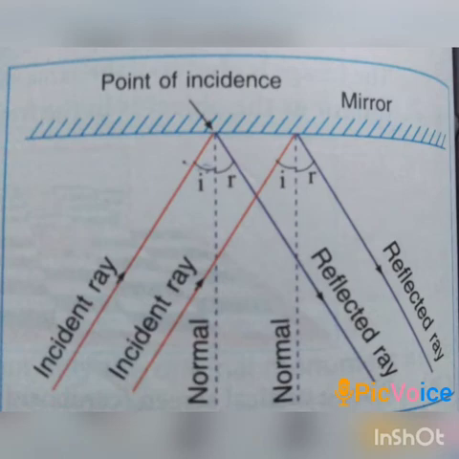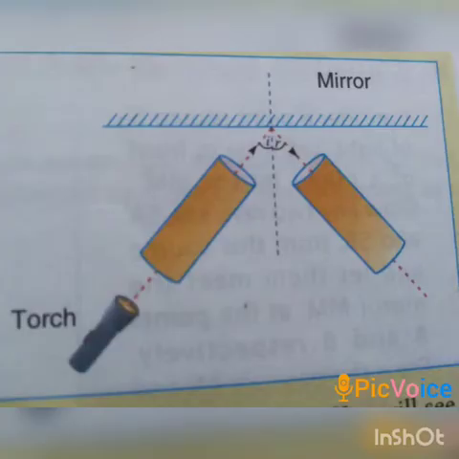Now we will do a small activity to observe these two laws in practice. To study the relationship between the angle of incidence and the angle of reflection, we will take a drawing board and keep a plane mirror vertically upright on it near its center.